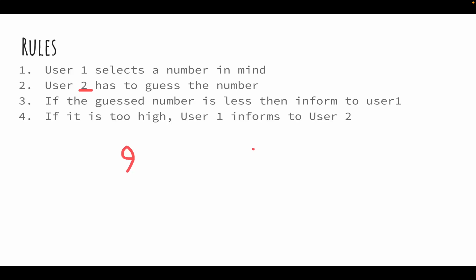For example, if user 2 guesses the number as 2, then user 1 says this is too low. If user 2 guesses the number as 15, then user one will say this is too high. This is how the game goes on until they predict the correct value.